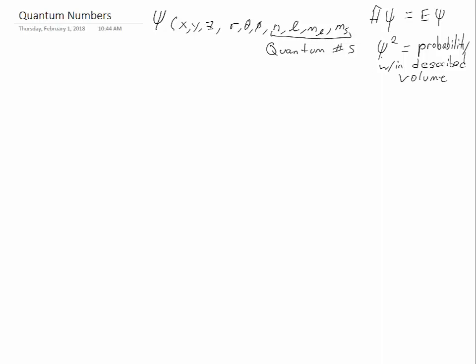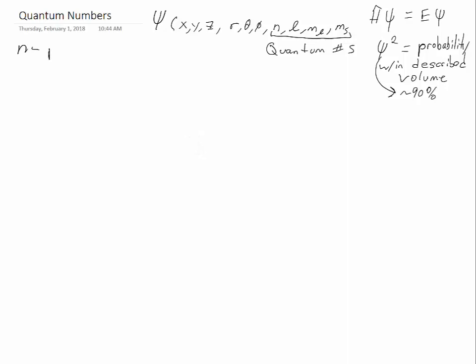And we use this probability, usually at, say, the 90% level, when we talk about the shapes of the orbitals. And so let's go ahead and take a look at n, l, m sub l, and m sub s.